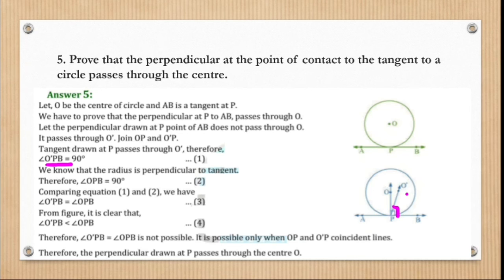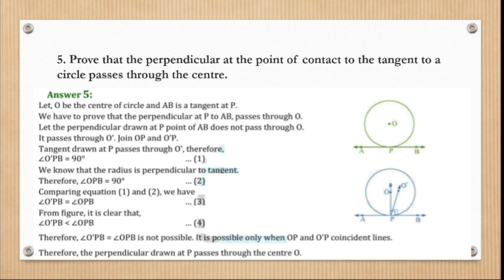Now you know a theorem that the radius of a circle will form 90 degree at the point of contact with the tangent. Now here in this second diagram, OP is the radius, P is the point of contact. That means angle OPB will also be 90 degree. Now this angle is 90 degree, this angle is also 90 degree. That means you can say that OPB is equal to O dash PB.